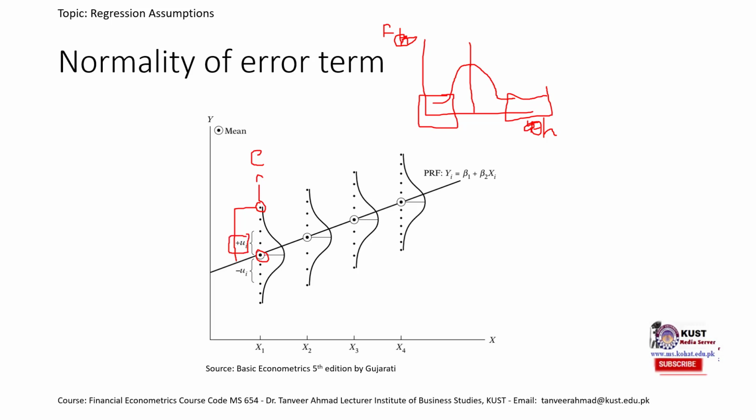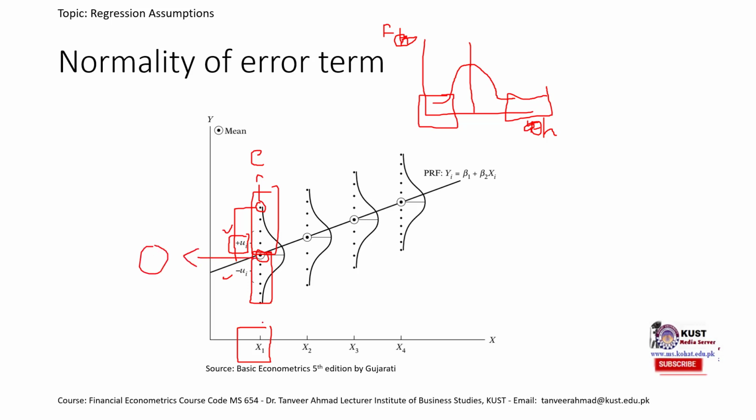Now for any given x, these error terms should be normally distributed, and when they are normally distributed, some of them would be below the regression line, some of them would be above the regression line, some of them would be positive, others would be negative. So in essence they would cancel each other out, and the expected value of the error term would be 0.